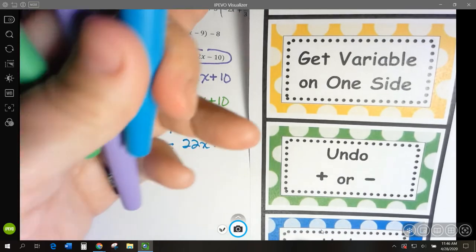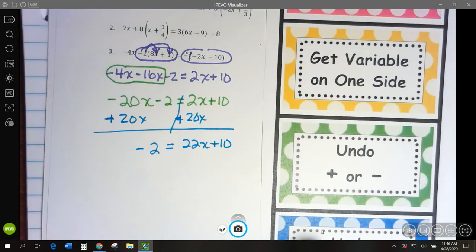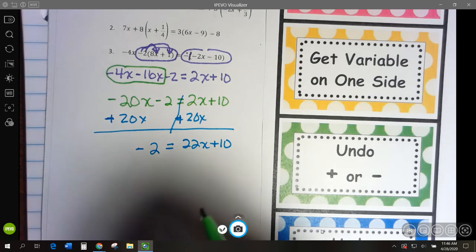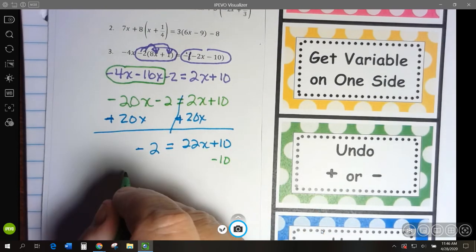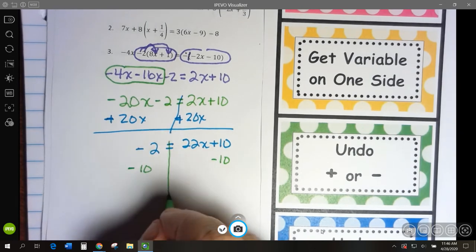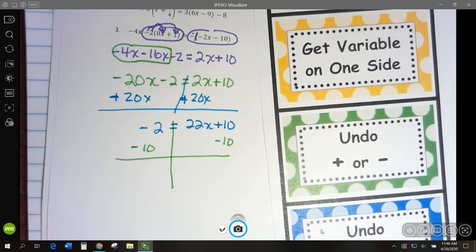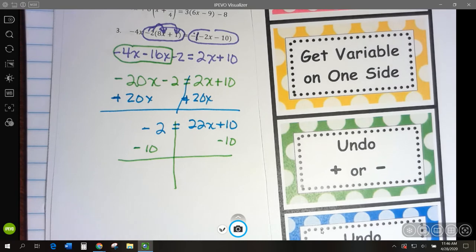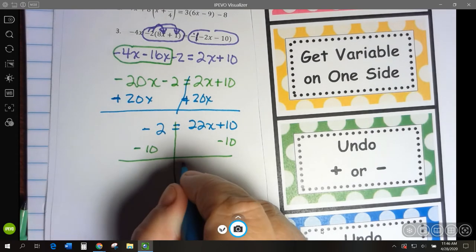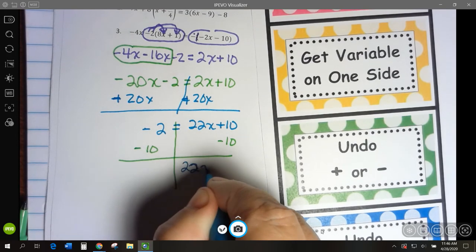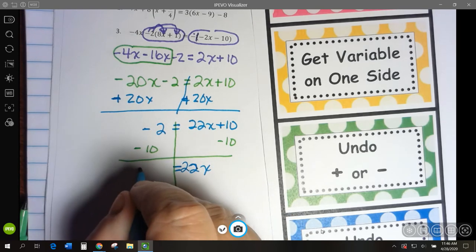Now we have to undo our addition or subtraction. We have addition, so let's subtract 10 from both sides. And we're going to get 22x is going to equal a negative 12.